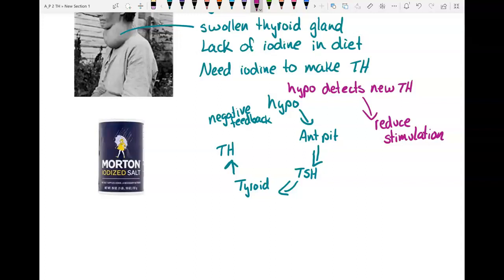When your thyroid gland makes thyroid hormone, you need iodine in order to complete this. If you lack iodine, so if there is no iodine in the diet, then your thyroid gland can't make the thyroid hormone. So there's no thyroid hormone.